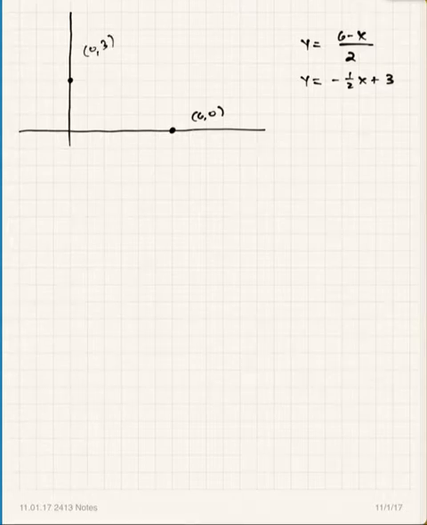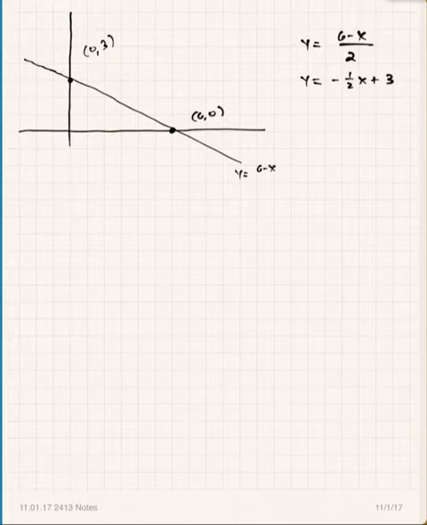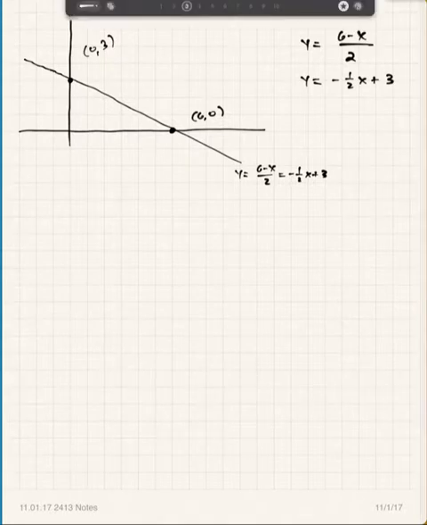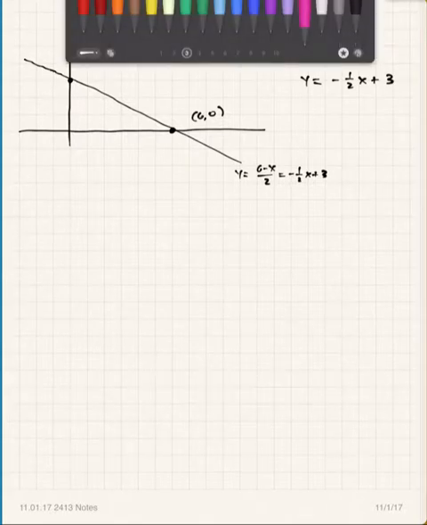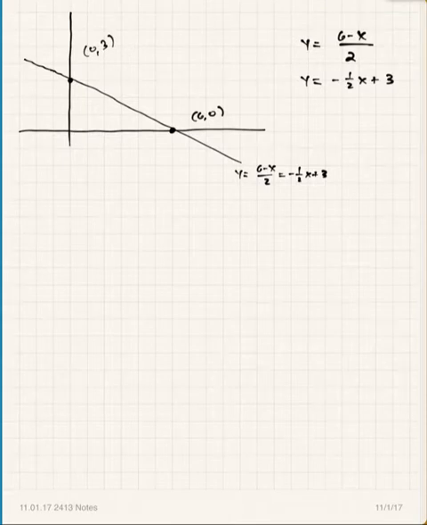All right, so let's say we're given this line, and that line has the equation y equals 6 minus x over 2, or negative 1/2 x plus 3, either way you want to write it. What I want to do is enclose a rectangle inside the triangle that has been formed by the x and y axes and the line.